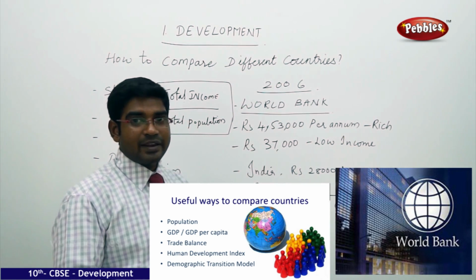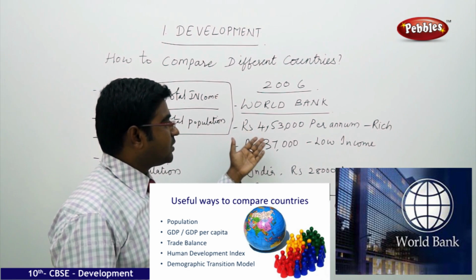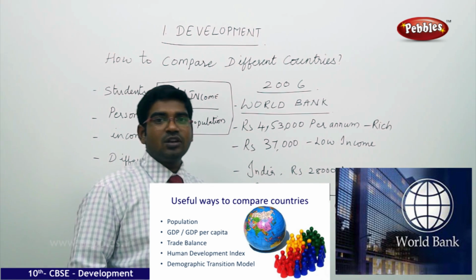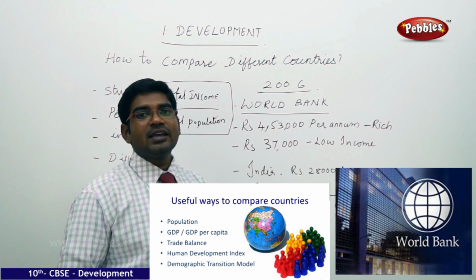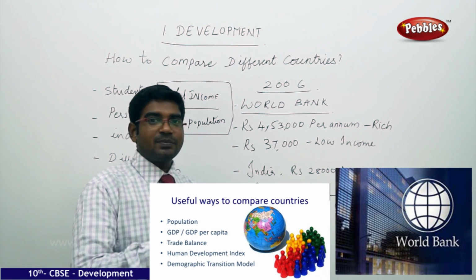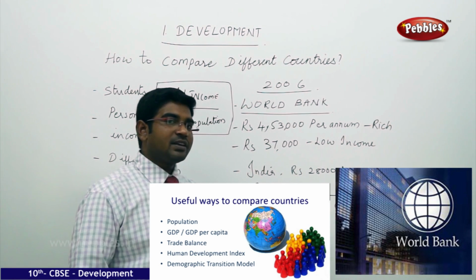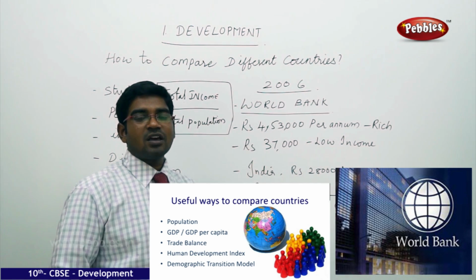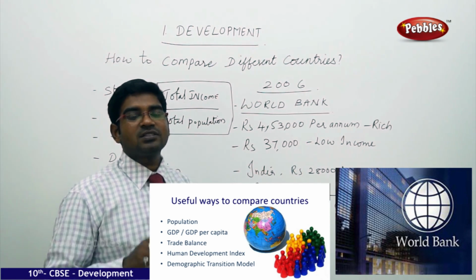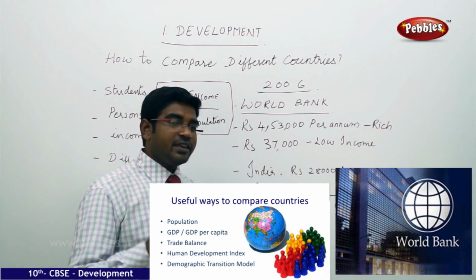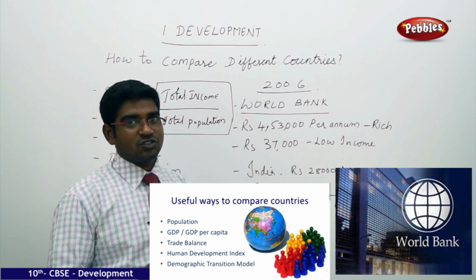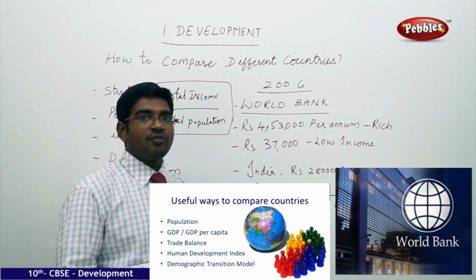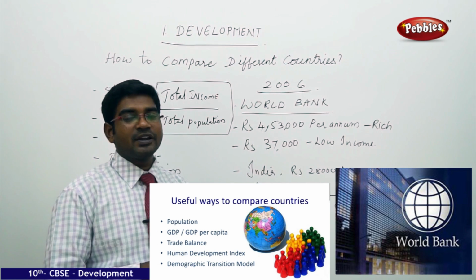Countries getting 4,53,000 per annum for every individual are called rich countries. These countries were also called developed countries, except the Middle Eastern countries. The Middle Eastern countries are not considered as developed countries because they have high resources of income but not the exact infrastructure which is required for a country to be called a developed country.